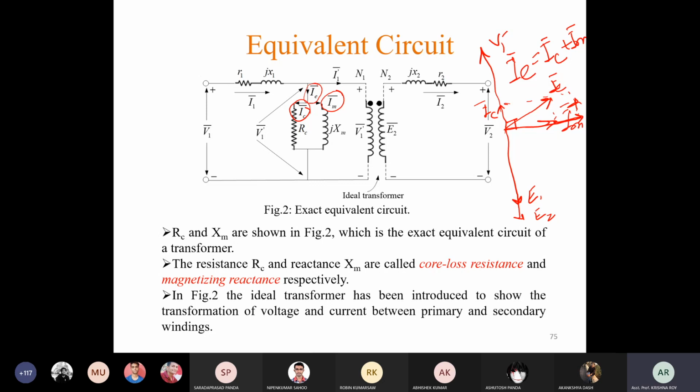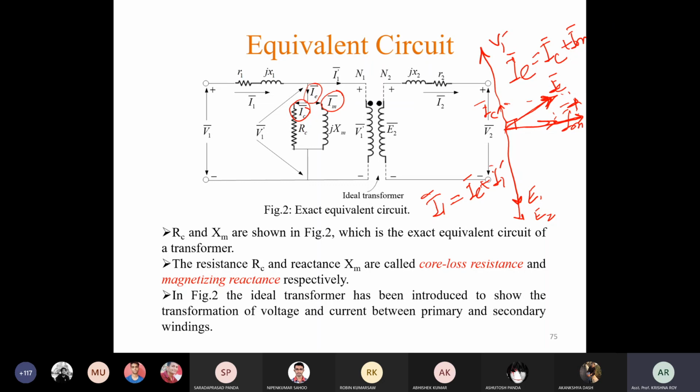If you have any doubt, you can ask. Sir, how are IC and IM 90 degrees in phase? This exciting current is one of the components of the primary current. I1 is the primary current, which has one component IE, and another is the load component I1 dash.